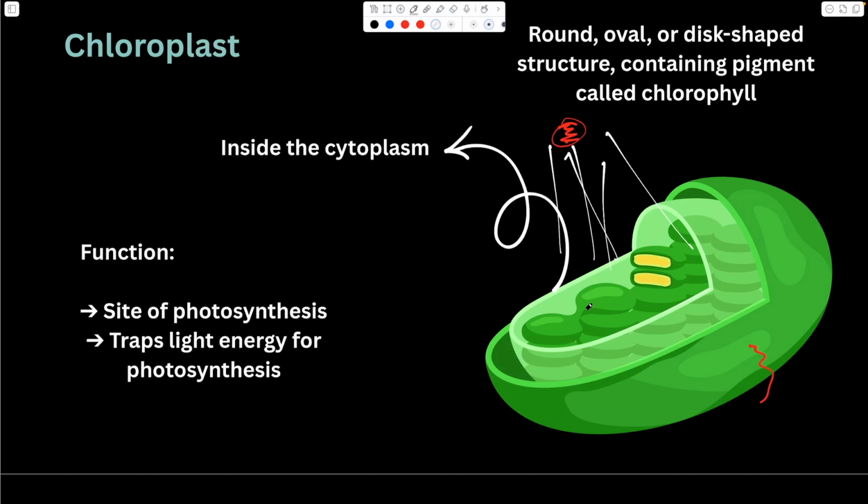Chloroplast absorbs the sunlight, and using this sunlight, water and carbon dioxide, it makes glucose plus, you guessed it right, oxygen. So the function is to trap sunlight and make glucose from water and carbon dioxide.